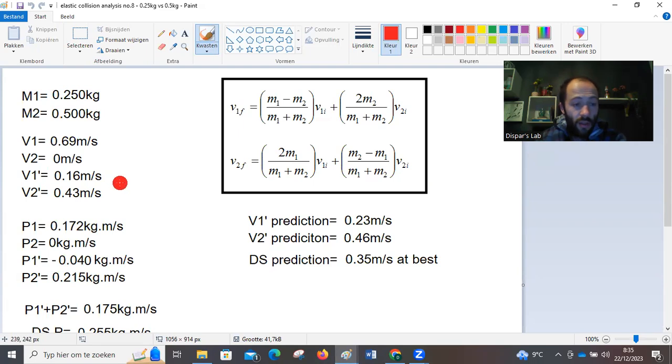Now, okay, so let's take a look at the momentum. So we have the initial velocity 0.69 meters per second times 0.250 kilograms, which is 0.172 kilograms times meters per second. So this is the total amount of initial momentum.